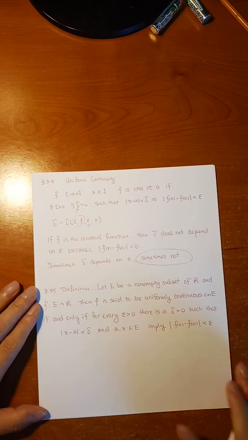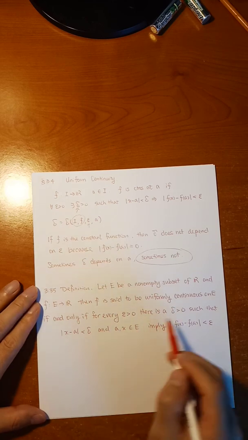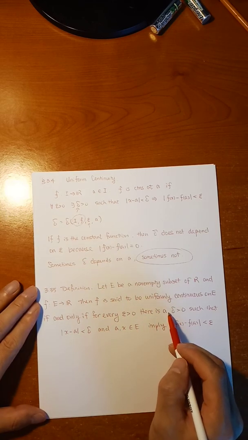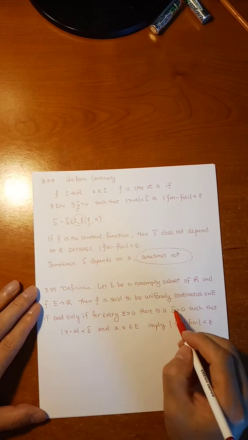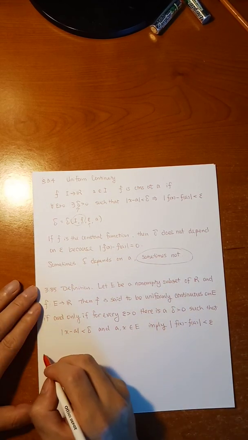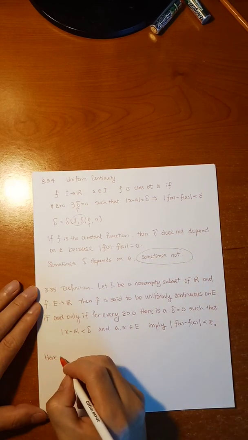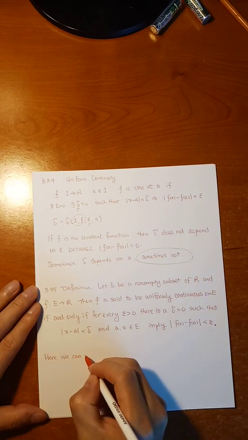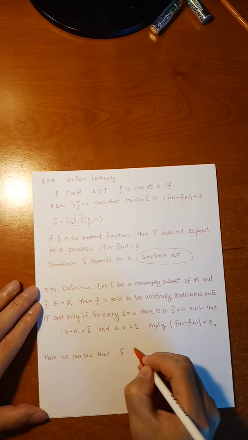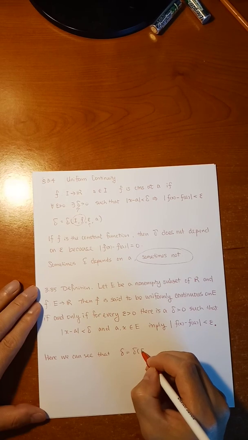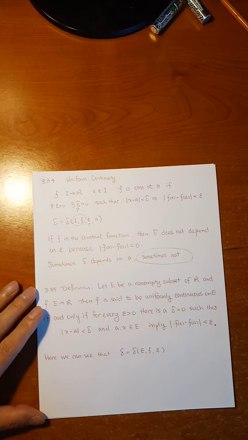Here you see x and a are introduced after delta, so this delta does not depend on a or x. This is a complete definition. Here we can see that this delta only depends on the domain E, the function f and epsilon.